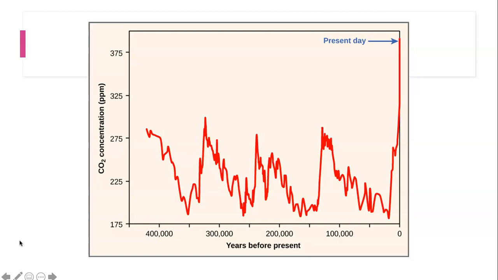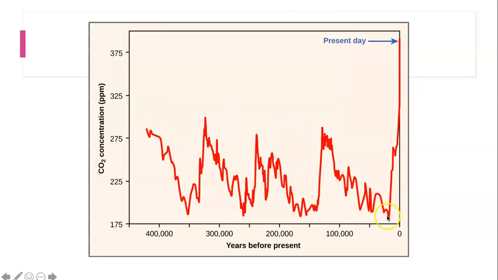Global climate change is a consequence of the human population's need for energy, our use of fossil fuels to meet those needs. As you can see here, this is a graph that shows the amount of atmospheric carbon present in the atmosphere as far back as 450,000 years ago. If you take a look, you can see that depending on what was going on at that time, atmospheric carbon has always increased or decreased within a normal range.